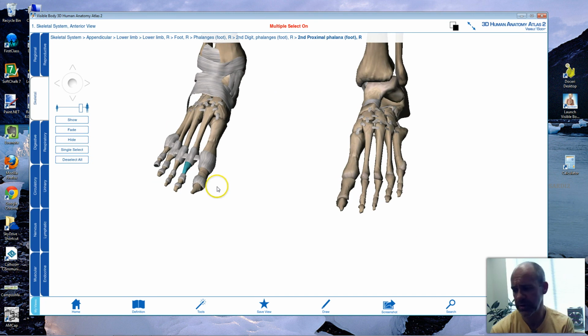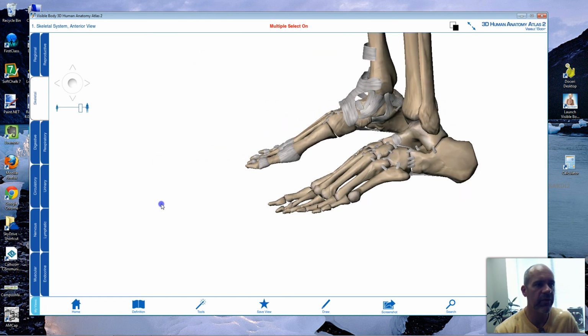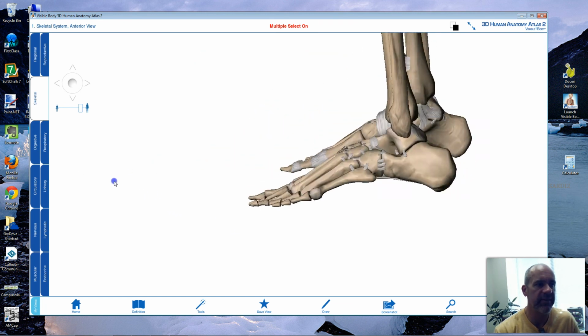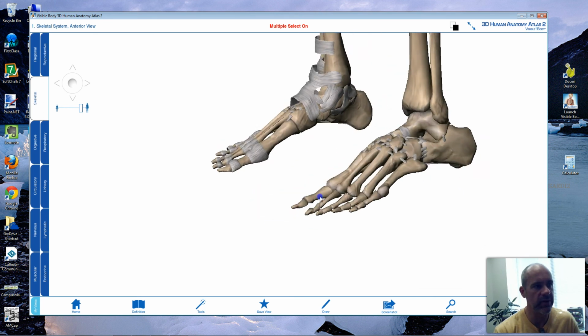And speaking of those arches, we've got a couple of features to talk about before we completely wrap up here. The arches of the foot. So if you're looking at the foot from the side, this is what we typically call the arch in our foot. This is the longitudinal arch that runs along the long axis of the foot. That's your longitudinal arch.